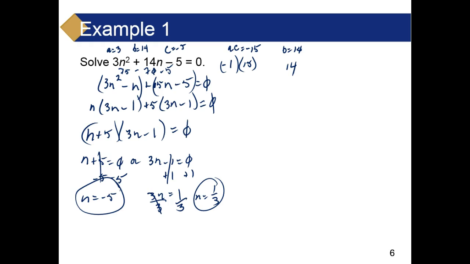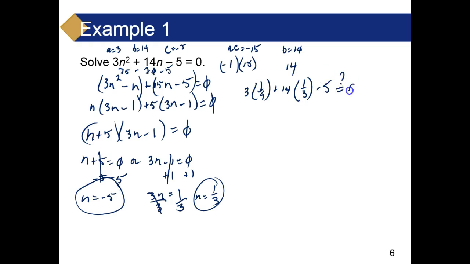The next one, I think it'll still be okay. Let's plug in 1/3. What's 1/3 squared? 1/3 squared, that means 1/3 times 1/3. What's that? 1/9, okay? So that would be, I'll write it over here, 3 times 1/9 plus 14 times 1/3 minus 5.